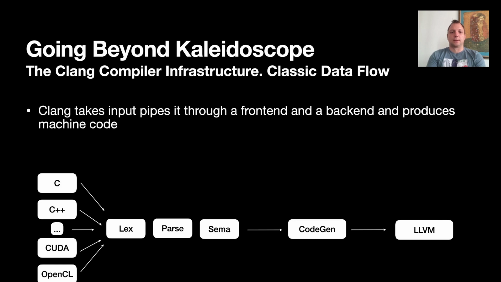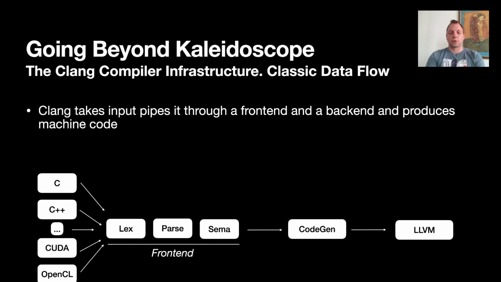Now you learned about the Kaleidoscope language and how to have a clear separation between a front end, a back end, and an AST and so on. The canonical pipeline of the way Clang works is that it takes the textual form of C, C++, or other languages that it supports.